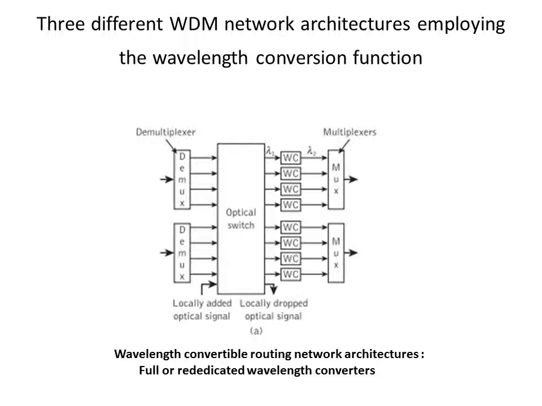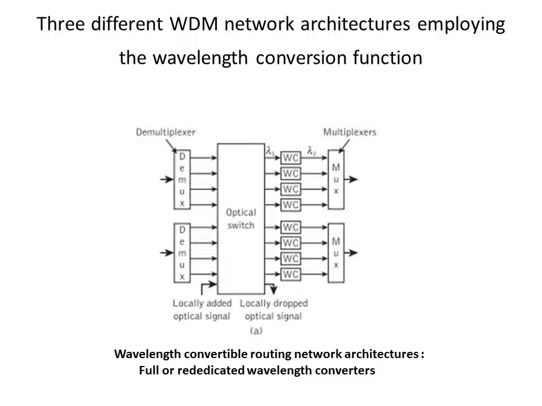Then conversion of the wavelength should take place, and it will convert from lambda 1 to lambda 2. The wavelength converter avoids blocking of the transmission of the data, so that it will relocate the information in the available wavelength.